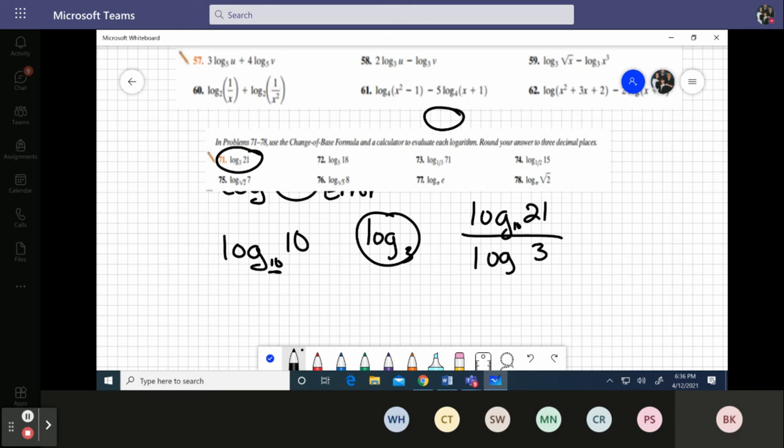So if I do log 21, and then I hit my division and do log of 3, I've got 5.808. Is that what you got on yours?